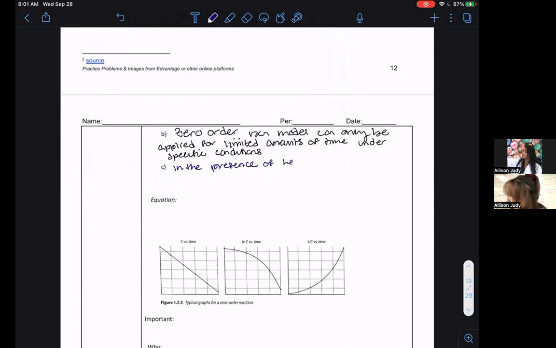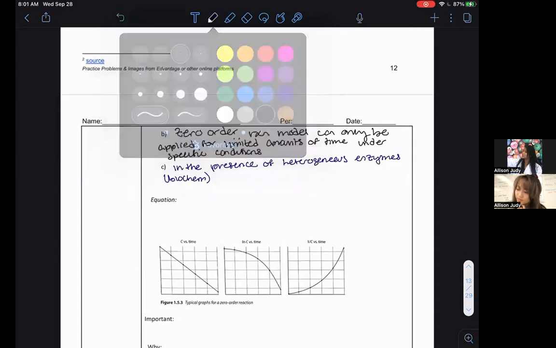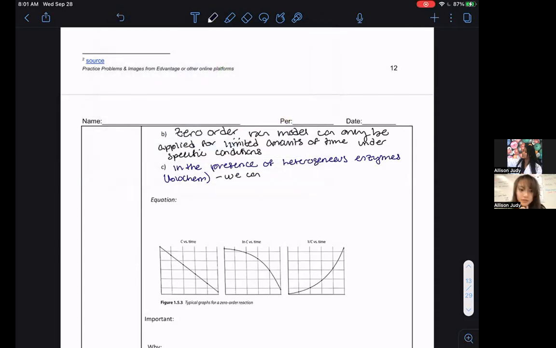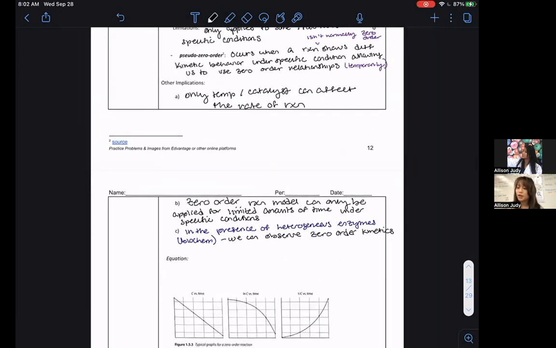We can observe zero order kinetics. So that's just a couple of extra extension information on things to consider when you're trying to identify whether you're looking at first, second, or zero order integrated rate reactions.